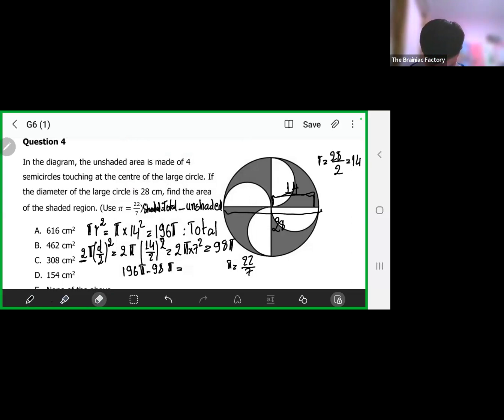Wait, no. Okay, so the shaded region is going to be 98 times 22 over 7, which is, let me use the calculator.